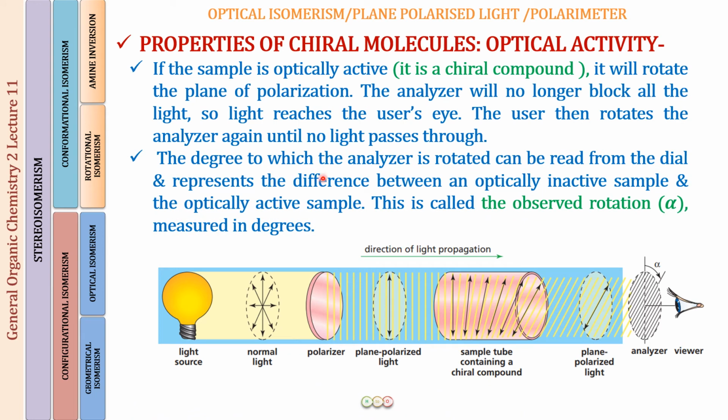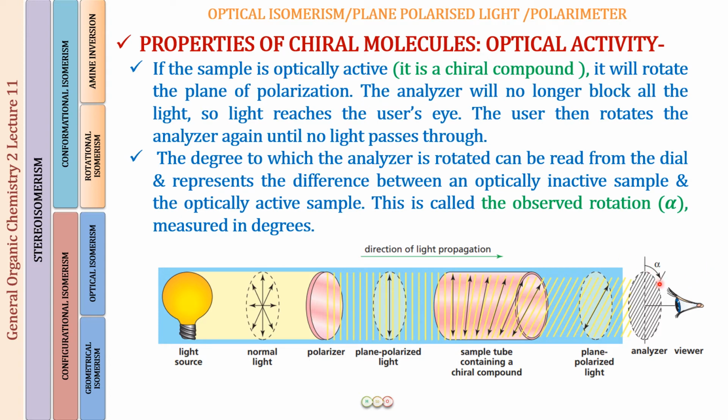The degree to which the analyzer is rotated can be read from the dial, and this represents the difference between an optically inactive sample and an optically active sample. There was no rotation of the plane polarized light with an optically inactive substance, but with an optically active substance you have to rotate it to get back complete darkness.